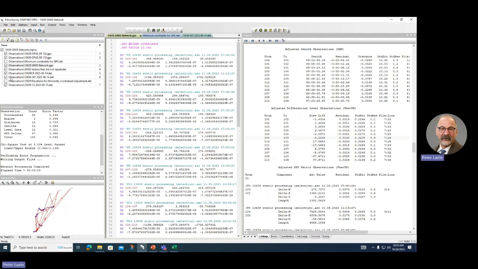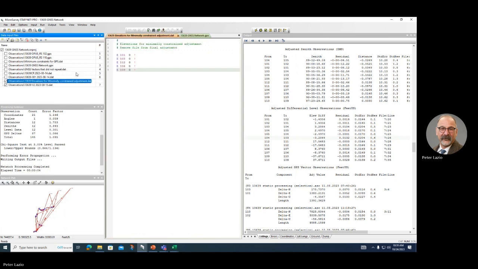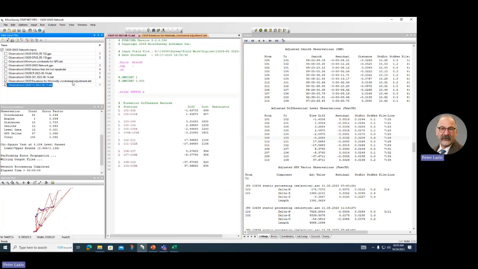we come over here to our leveling. So we'll toggle everything off again. There's our minimal constraints. Now there's two ways to do this. There's this inline command called lwait.